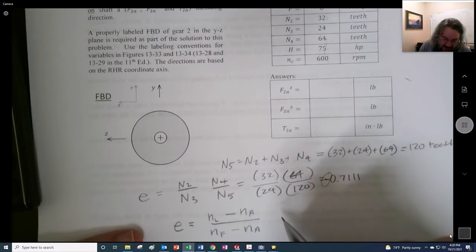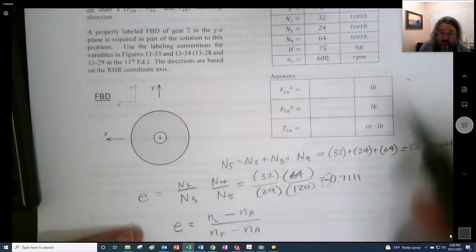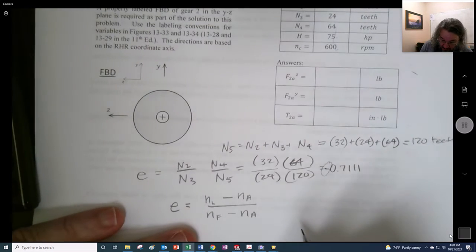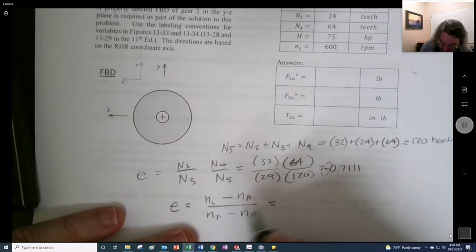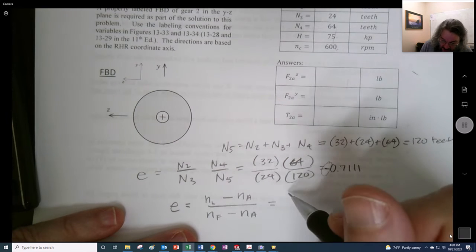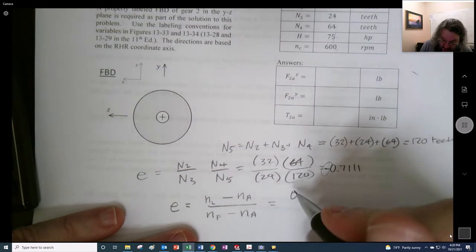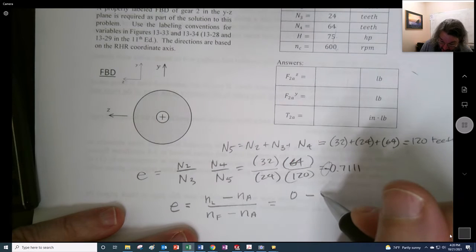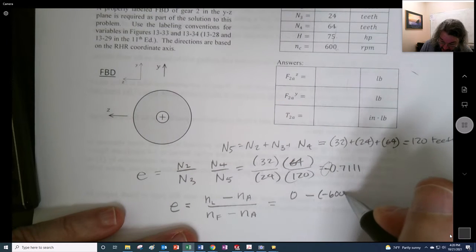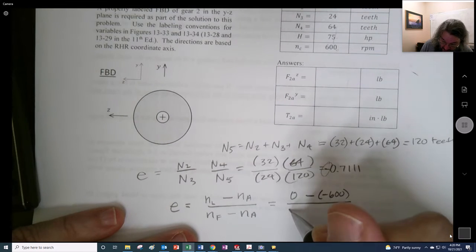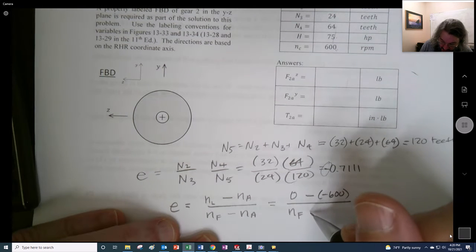So I'm going to say that we have an RPM of negative 600 for the arm right here. And the last one is fixed, because that one is the ring. So we have a negative 600. And here's our first, the one we want to find as our output.